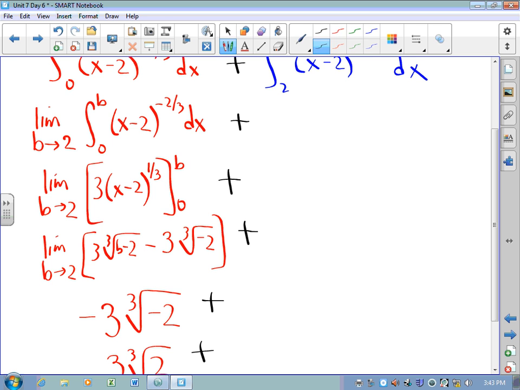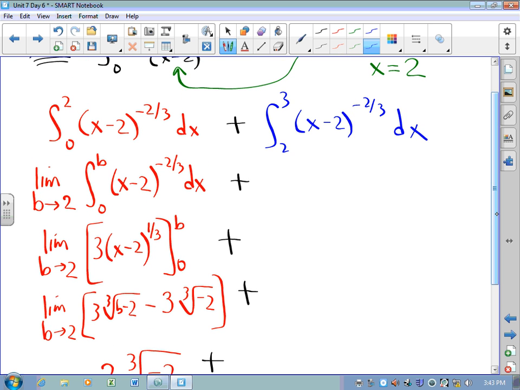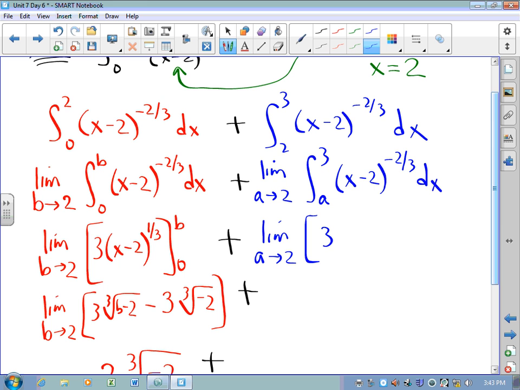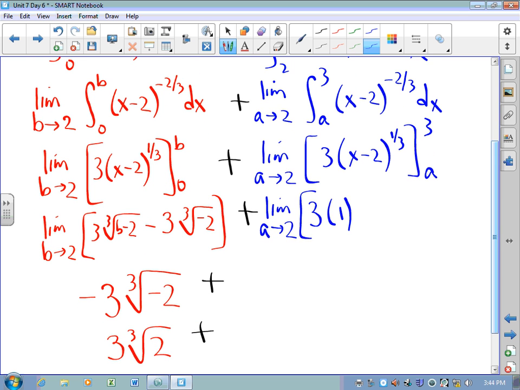Plus, we do the same thing over here. We're going to take a limit as a approaches 2 of the integral from a to 3 of (x minus 2) to the negative 2/3 dx, which says limit as a approaches 2 of 3 times (x minus 2) to the 1/3 evaluated between a and 3, which is the limit as a approaches 2 of, let's see, 3 times 3 minus 2, which is 1, 1 to the 1/3, that's 1.